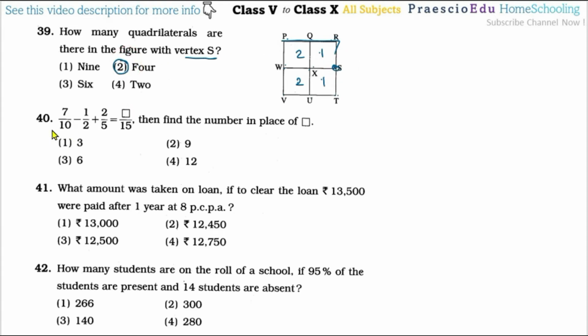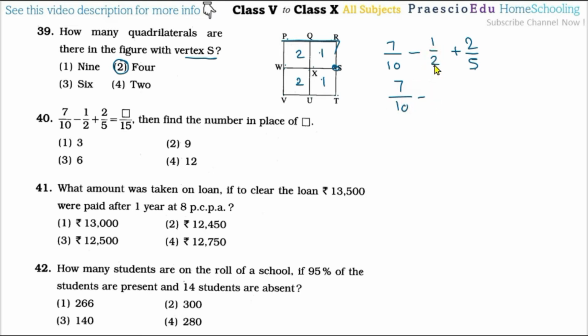Then question number 40, 7 by 10 minus 1 by 2 plus 2 by 5 is equal to box by 15. Find the number which can be placed in the box. First of all we will solve this one. 7 by 10 minus 1 by 2 plus 2 by 5. We will make the denominators equal, so here we will make it 10, here also 10.